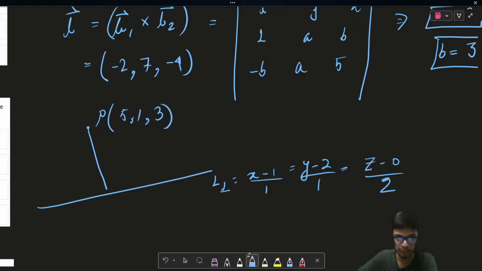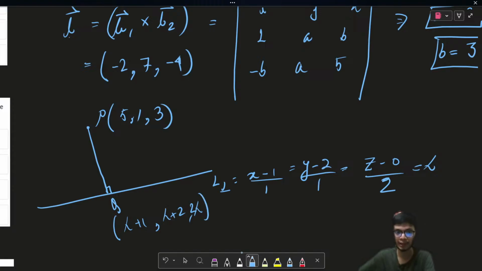In order to find the foot of perpendicular, this point Q, let us assume any point on the line, and I'm assuming some lambda. So lambda plus 1, lambda plus 2, 2 lambda, right?